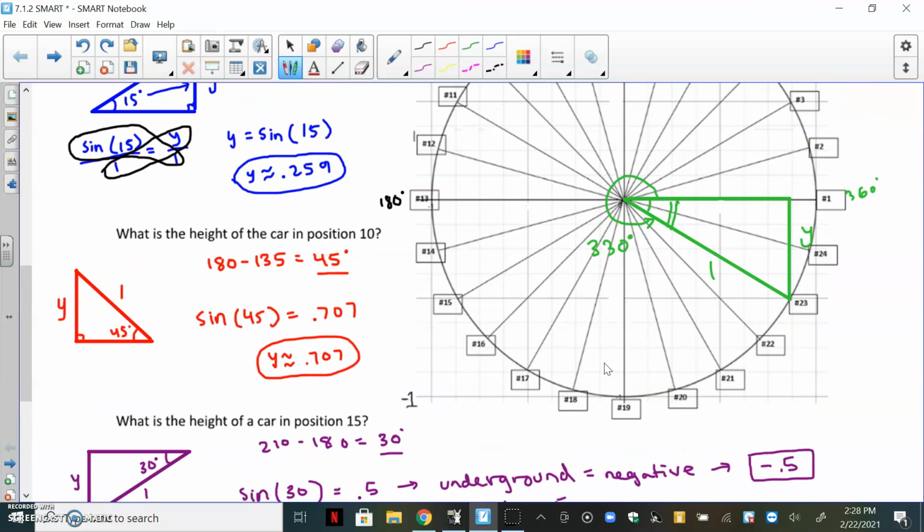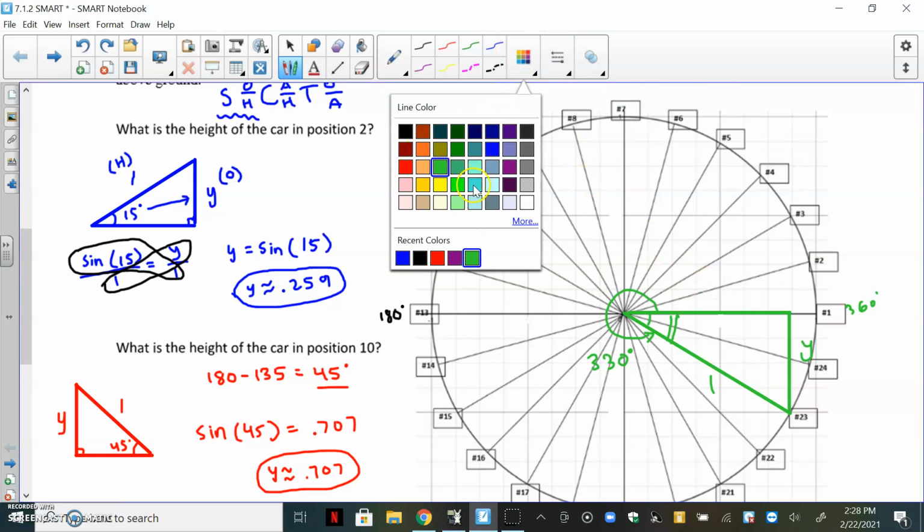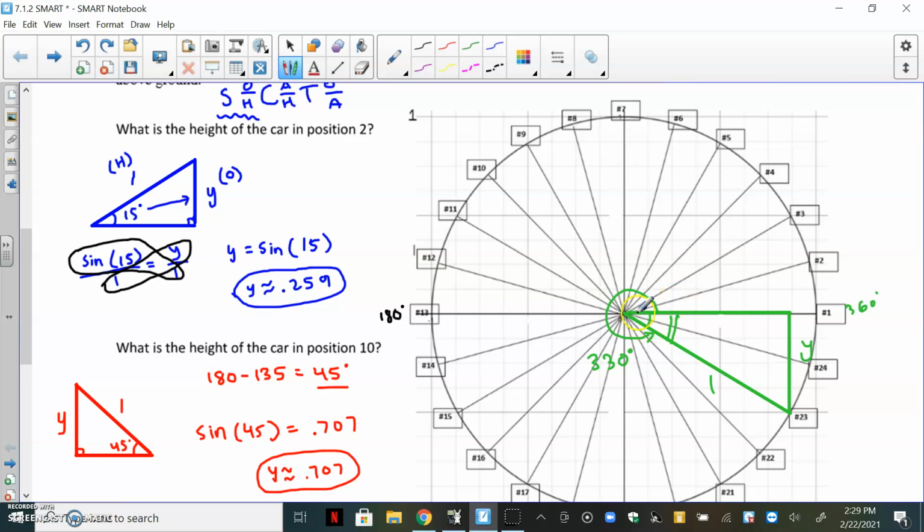I do just want to mention a couple of things here. There are positions where you can't really make a triangle on this picture. So like right over here at ground level at 180 and 360, or this is also 0 degrees as well. Those would have heights of 0, right? Because they're literally on the ground.